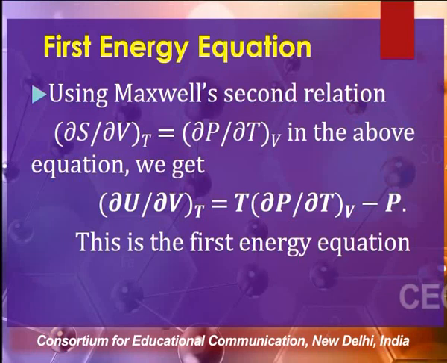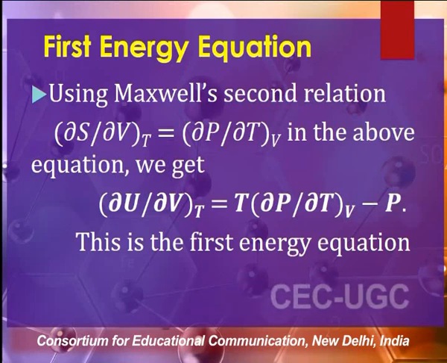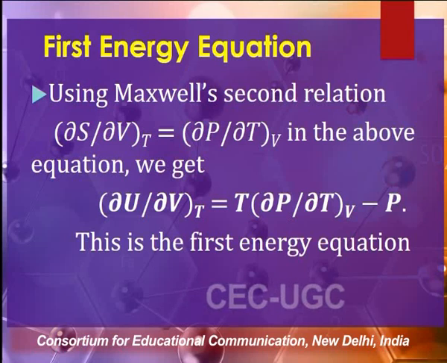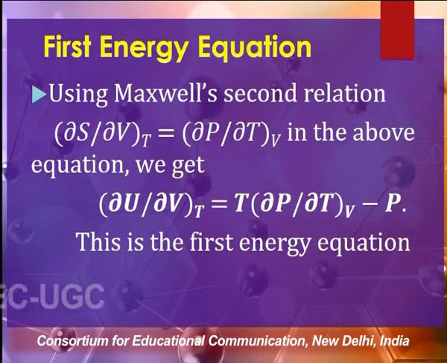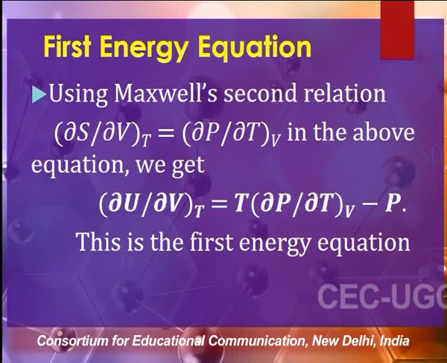Now, because we are discussing the applications of Maxwell's relation, we will now use Maxwell's relation. From Maxwell's relation, we have ∂S/∂V at constant temperature is equal to ∂P/∂T at constant volume, and we substitute this in the above equation to get ∂U/∂V at constant T is equal to T ∂P/∂T at constant V minus P. This is called the first energy equation.